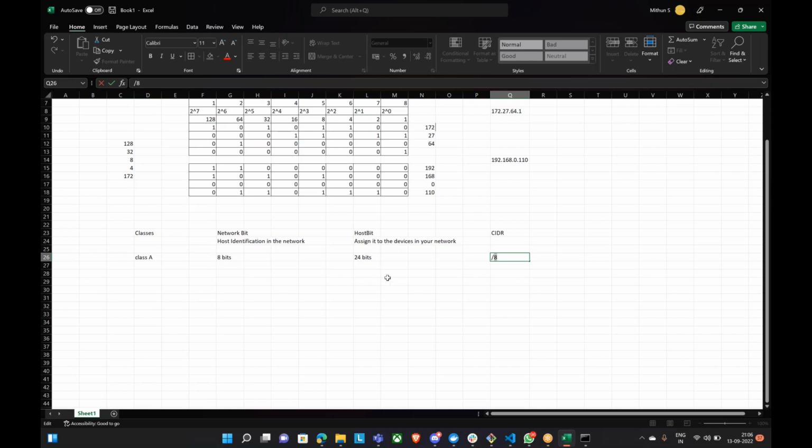And along with this, they also made one rule that if you are going to use class A, then your IP will be from 0 to 127. Or someone will say 128, it doesn't matter.